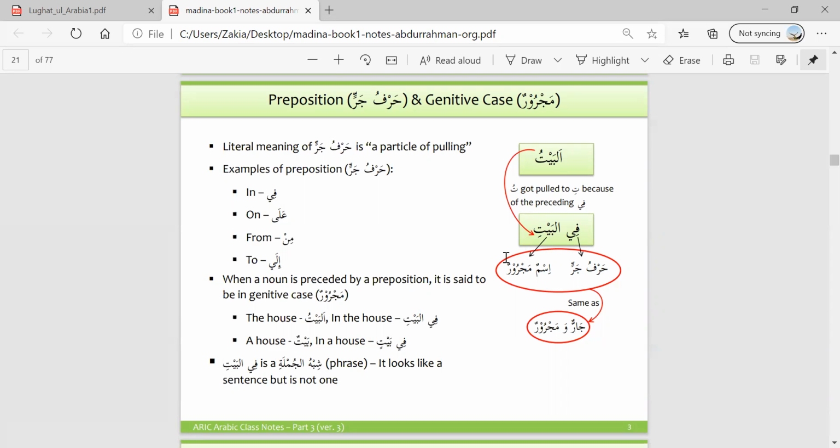Okay, so the ta here basically means got pulled to become one with the kasra. So the voweling of the ta has changed, from dhamma to a kasra, which is that stroke underneath, which is what we've seen. These are the short vowels that we looked at. Why has it done that?